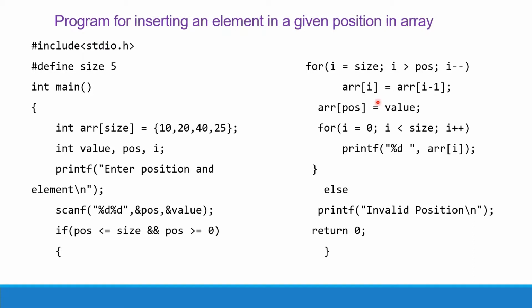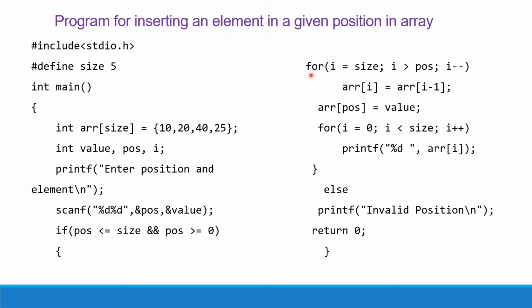After checking the position, we need to shift the elements to the right. For shifting purpose, I have used this statement. Okay, because from the last position till the position where I want to insert, I have to repeatedly shift the values. Repeatedly I am doing the process.